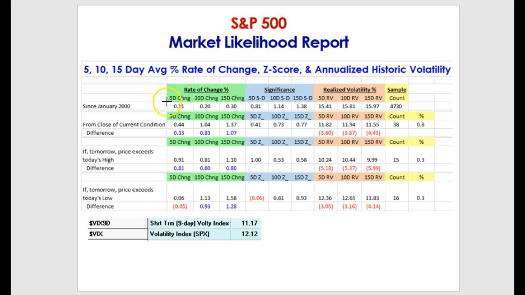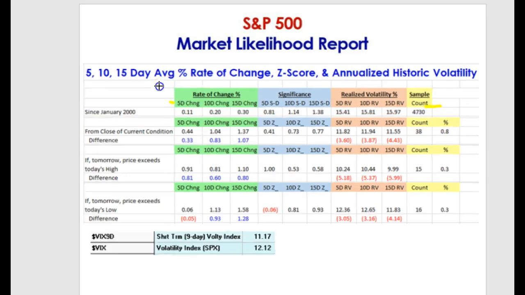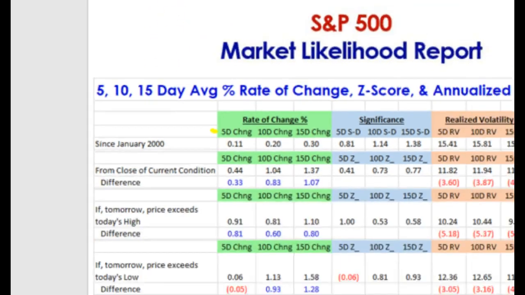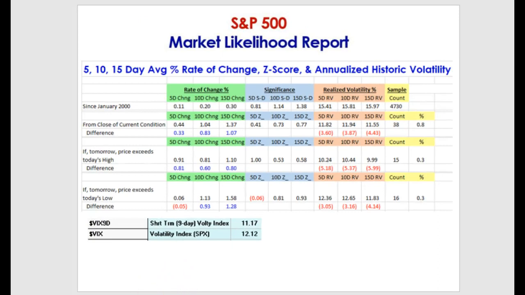We're going to go right up here. And we can see that out of the 4,730, in this case, occurrences of the SPX, oh, good grief, what just happened? No, we don't want to do that. Here, let's get rid of that. There we go. I blew it up. Okay, we can see that of those 4,730 occurrences, on average, the market has gone up over a 5-day period.